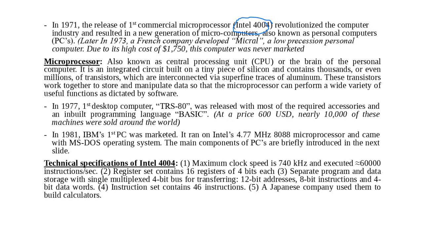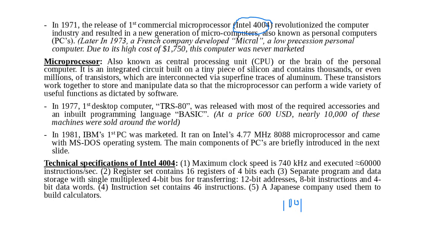It has 16 registers of 4 bits each, like 1, 0, 0, 1. That means it is 4-bit data. So, 16 registers of 4 bits. This is about the Intel 4004.